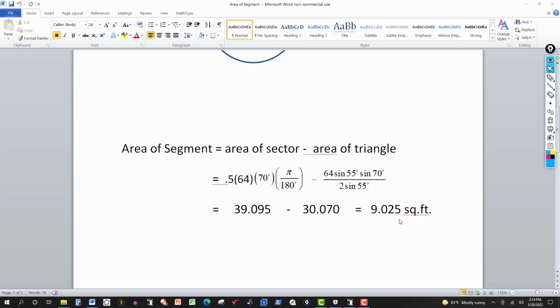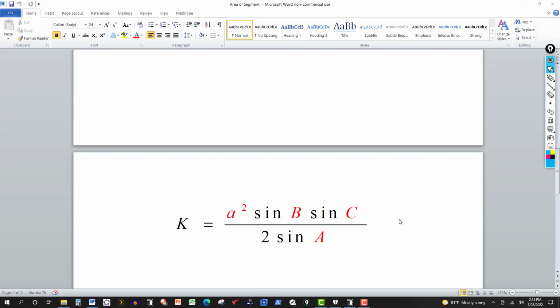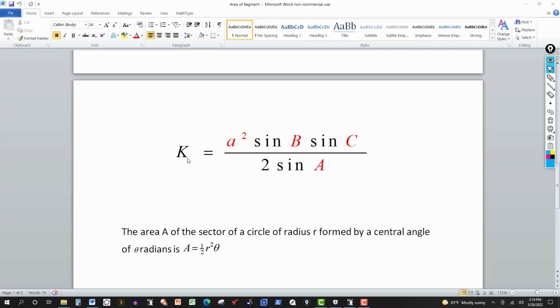And that's the result. Now the two formulas that we used here, this one right here and this one, I went over in an earlier video. For this one, we're given the angles A, B, C, and one side is all you need.